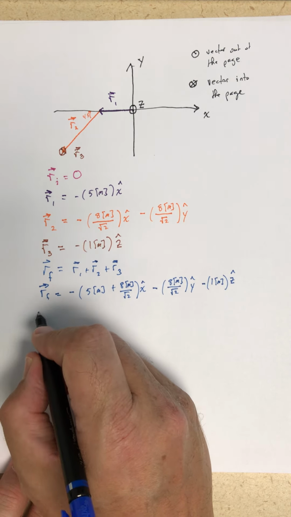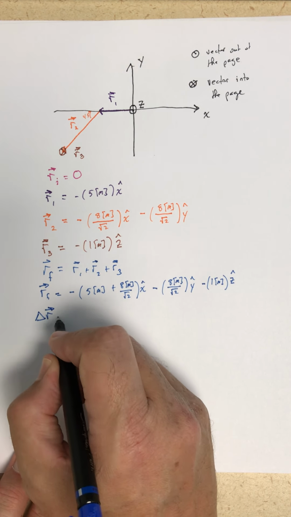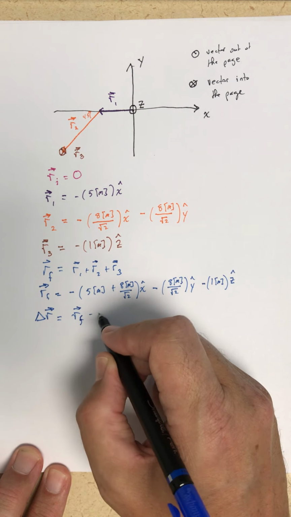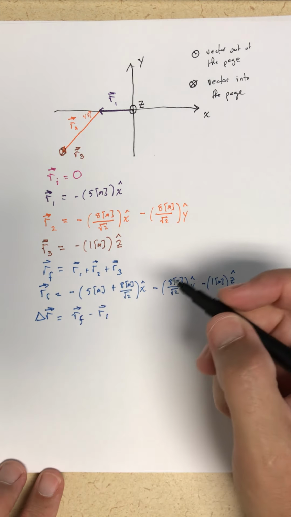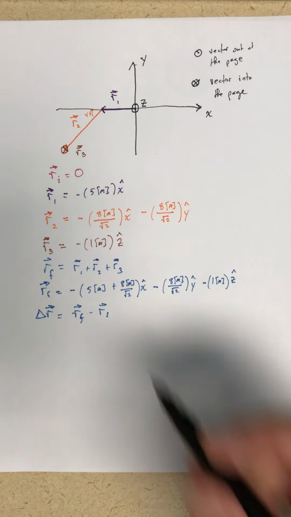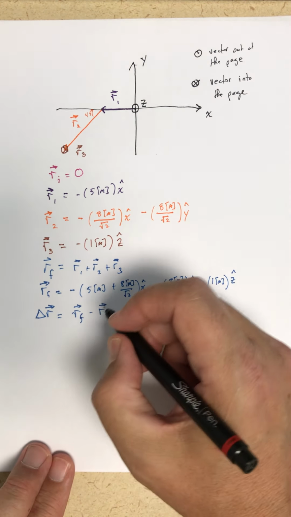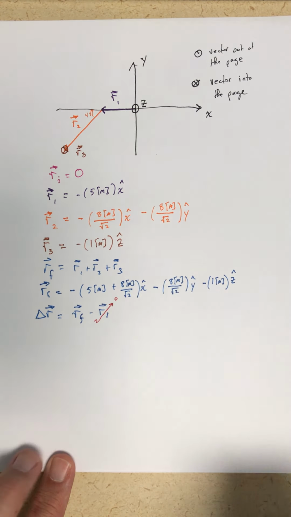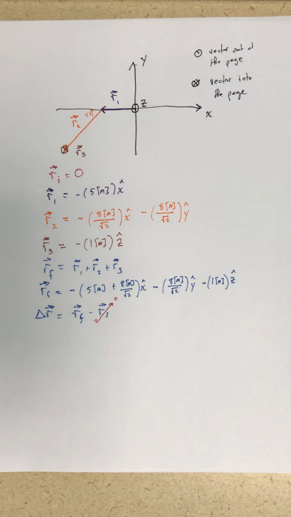My displacement vector is my final position minus my initial position. And so whatever we picked for the initial position in this problem, we're going to subtract it off now. I picked it to be the 0 vector. So that just goes away.